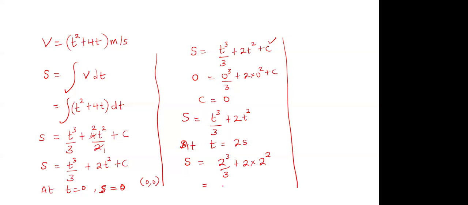So here we shall say 2 cubed is 8 over 3, plus this is 4 times 2, which is 8. Computing that, this is about 10.6667, and we just say meters.